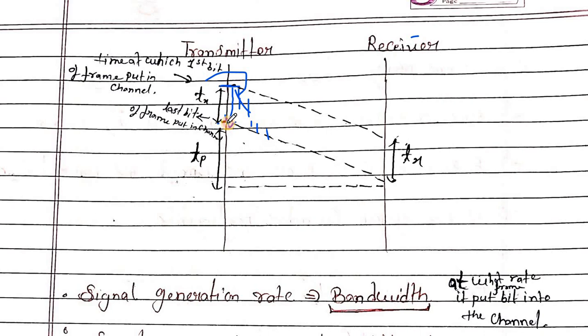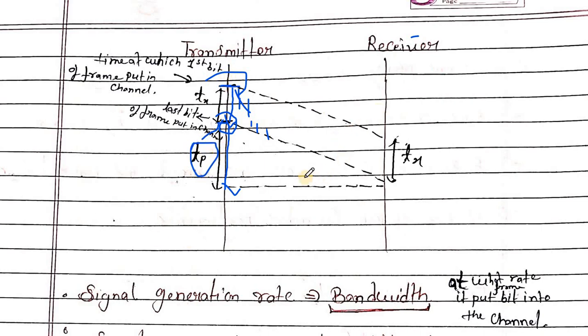From here we consider the propagation delay: this last bit starts traveling toward the receiver and reaches the receiver end. That time required is called T of P, the propagation delay.